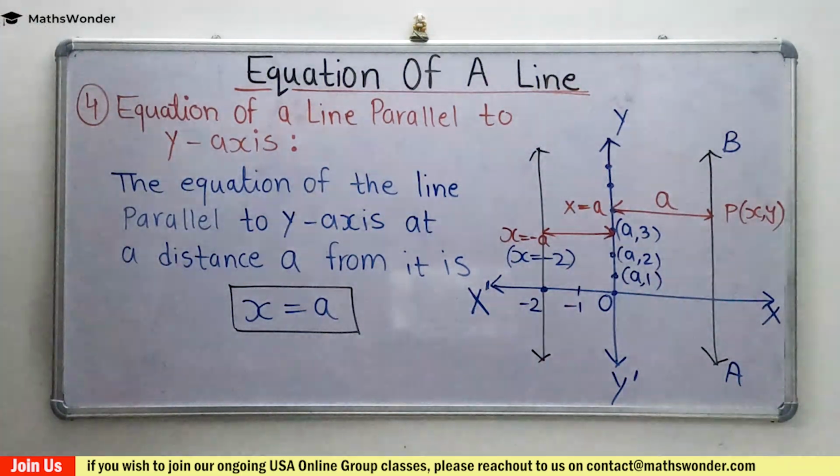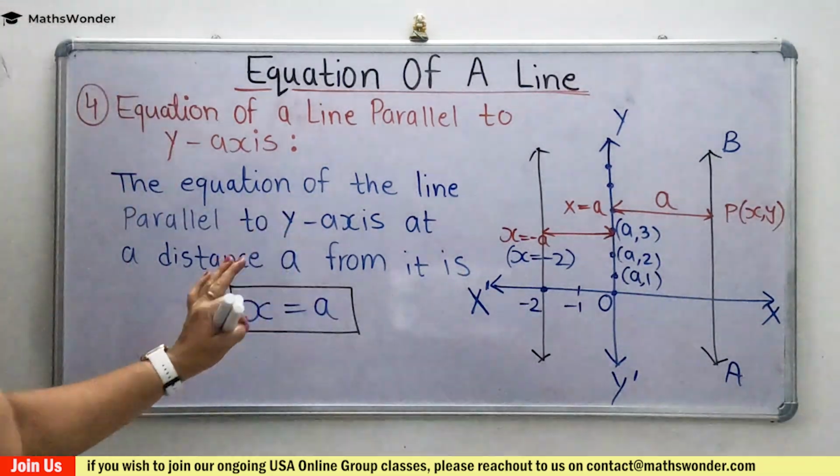Okay. Understood the concept of the line? So the equation of a line parallel to the y-axis at a distance a from it is x equals a. This is simple.